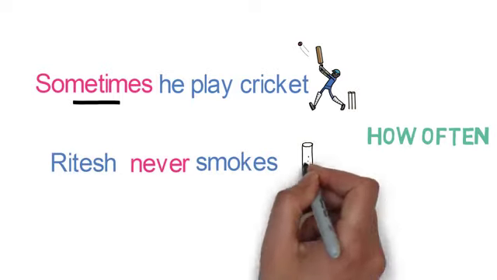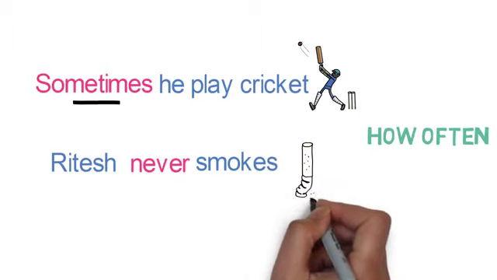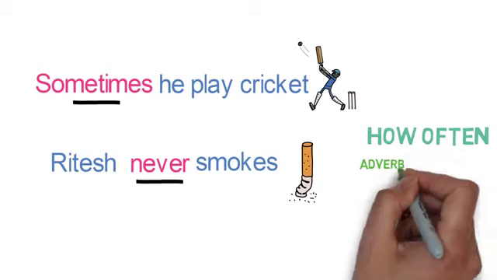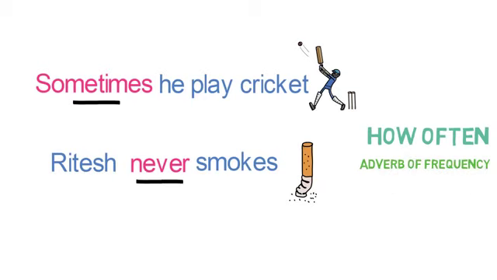Here never tells us that he never smokes, and thus tells us the frequency of his smoking. So never is an adverb here. As this adverb describes the frequency of action, these are called adverbs of frequency. Now we have seen examples of adverbs that are describing a verb or an action.